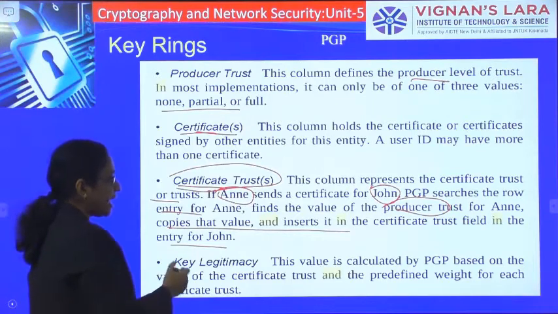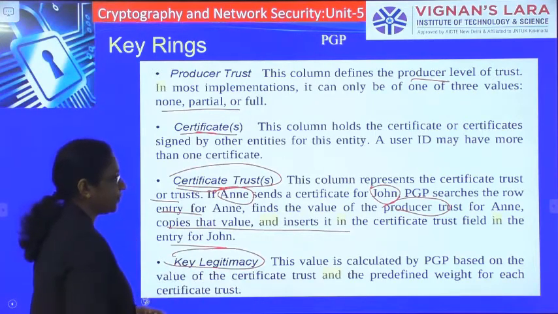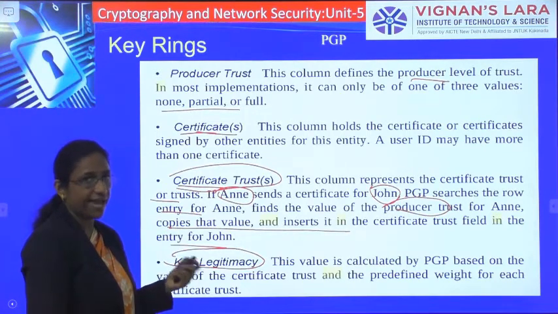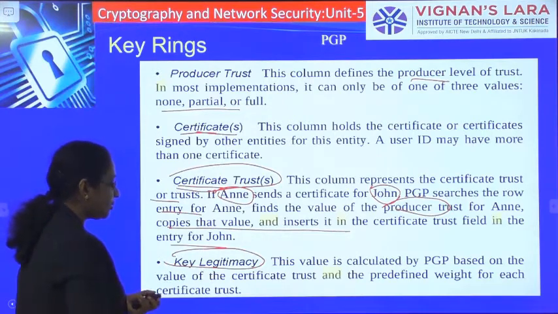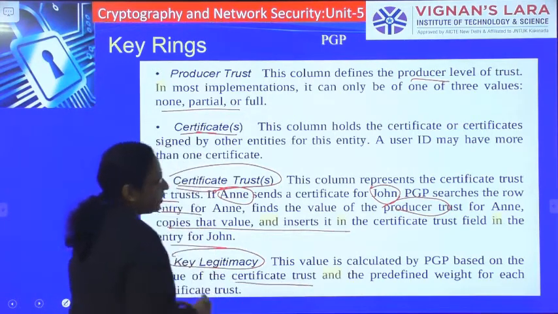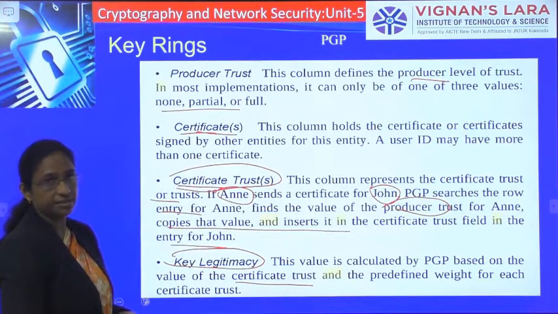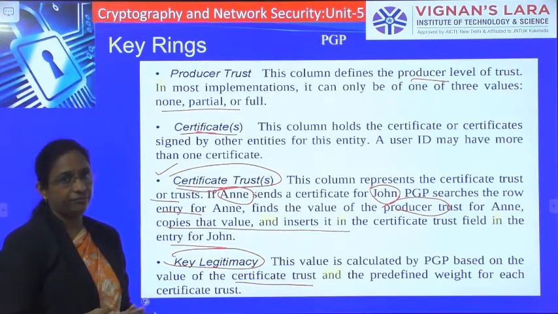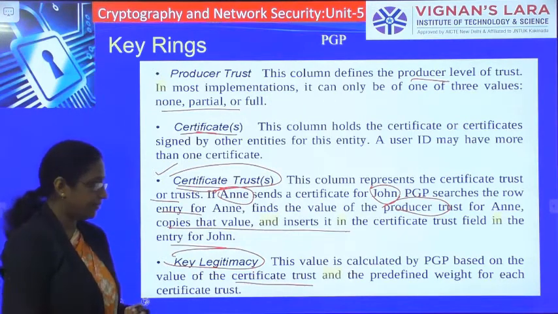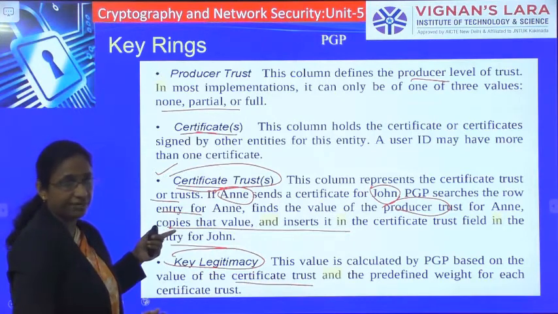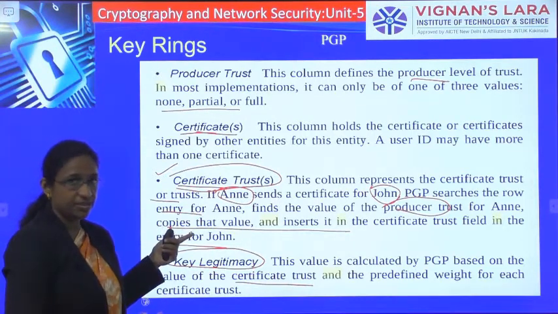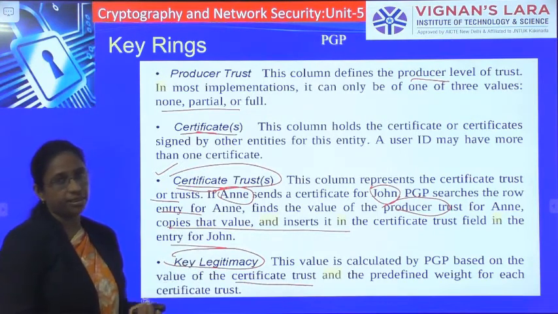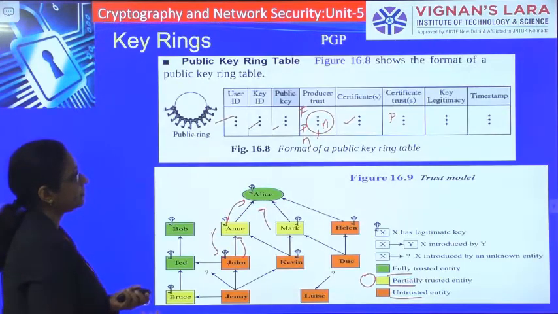And then the last one is your key legitimacy. This value is calculated by PGP based on the value of the certificate trust and the predefined weightage for each certificate trust. Based upon the certificate trust values, whatever P or N values we have, and the predefined weightage given for the certificate trust, the key legitimacy value is calculated by PGP.